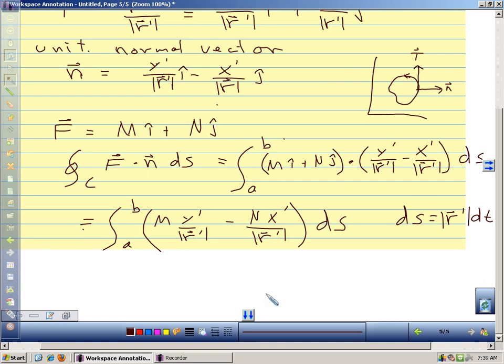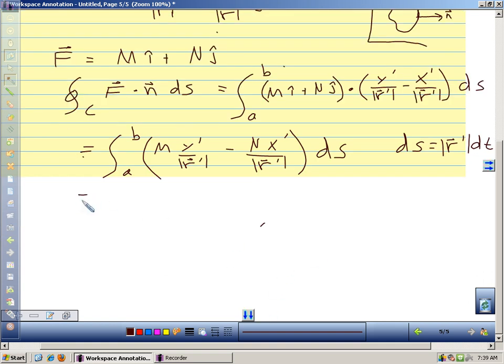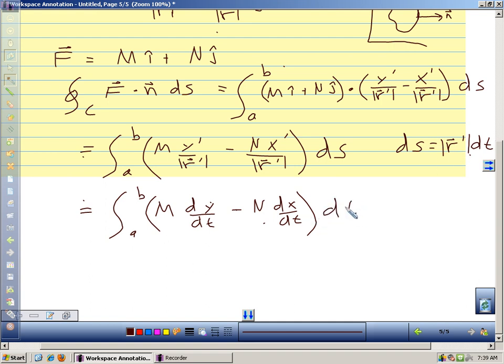So our line integral turns into, when we substitute this for ds, the integral from a to b of M, and I'm going to write this in d notation, dy/dt, minus N dx/dt, my r primes cancel, times dt.